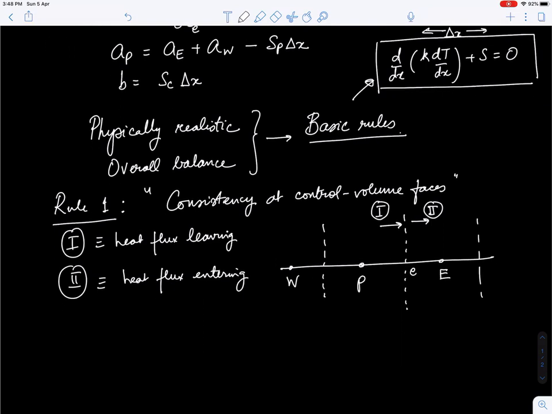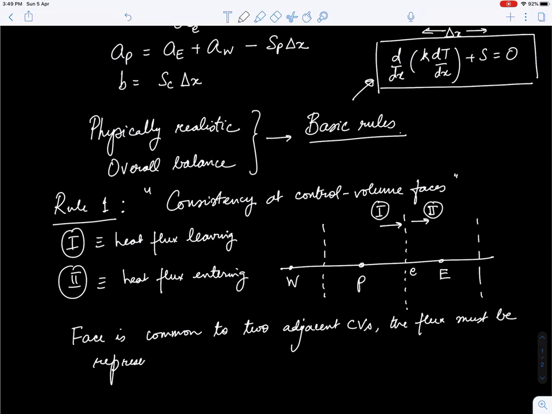The rule basically says that when you have a face which is common to two adjacent CVs, then the flux in both CVs at that face must be represented by the same expression in both CVs.